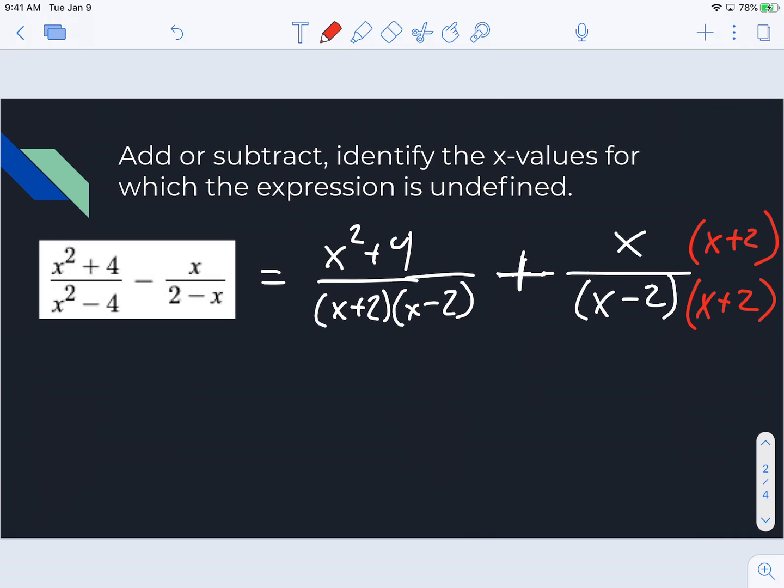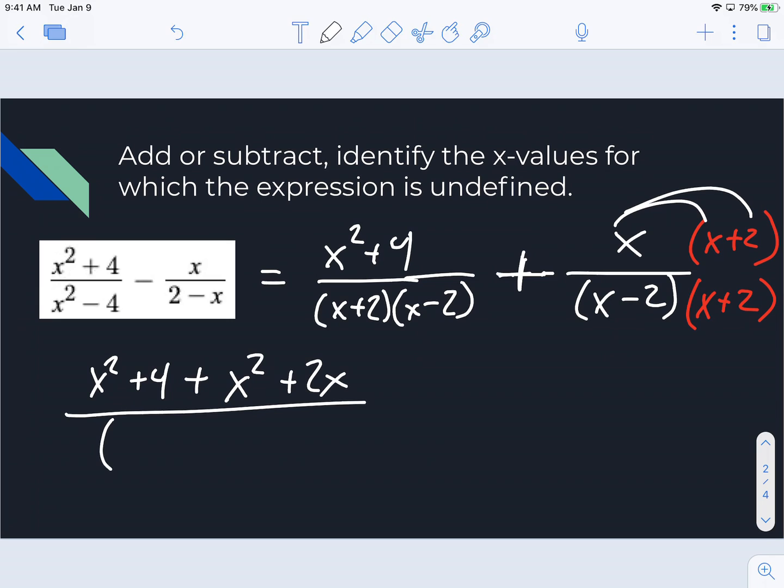And then it's really no different than the problems we've been doing in class. So x squared plus 4 plus, when I distribute the x in here, will be x squared plus 2x all over x plus 2, x minus 2.